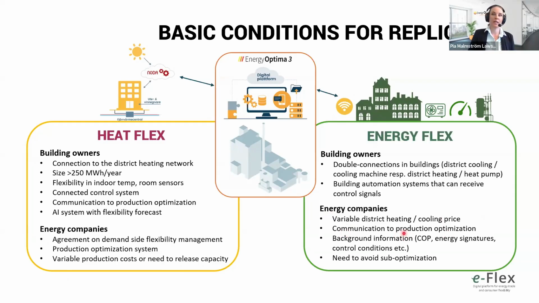You also need communication to the production optimization. You need background information like COPs for the heat pump and energy signatures, which could be patterns of usage and efficiency, control conditions, etc., and a need to avoid this type of sub-optimization.